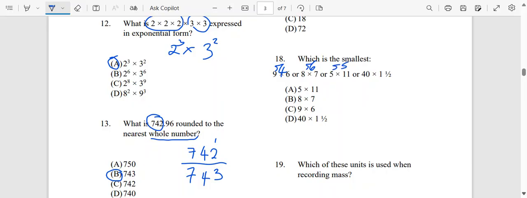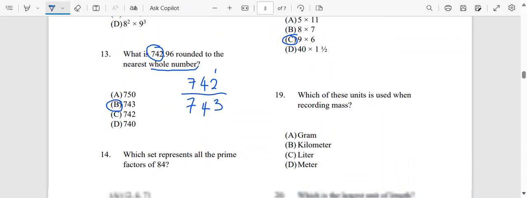And 40 times 1.5, let's work out that one. 40 multiplied by 1 and a half is 60. Okay, so out of 54, 56, 55, 60, which one is the smallest? C, which is 9 times 6.